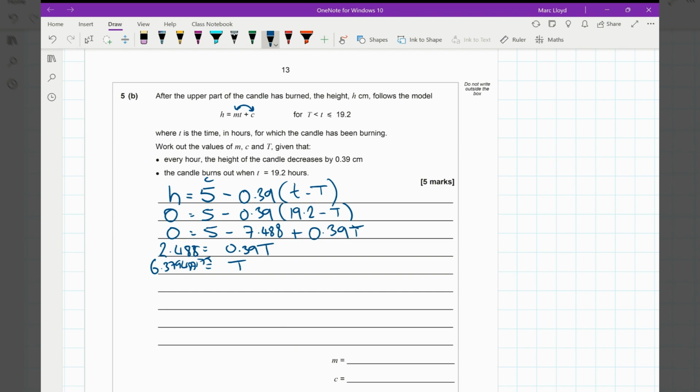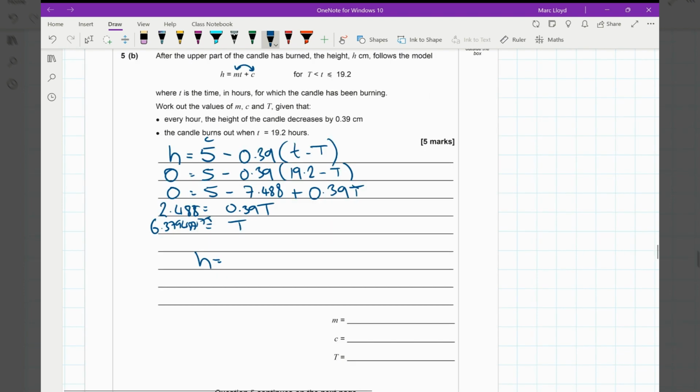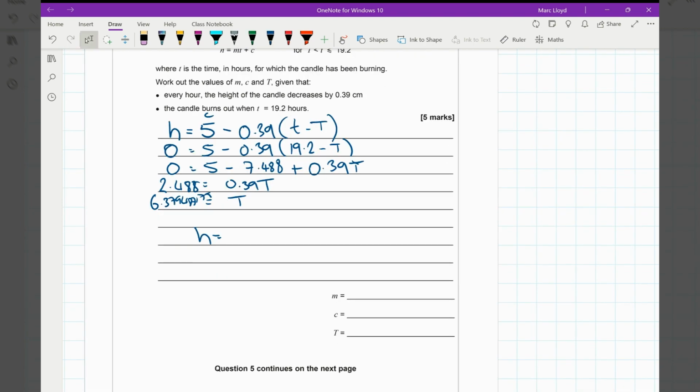So that's that value. Therefore, I need to just put it back into the equation to get all the simplified values. So 5 minus 0.39 open bracket, t minus 6.379487179. I'm not simplifying it at all till I get to the end. And then we just do the multiplications bit.